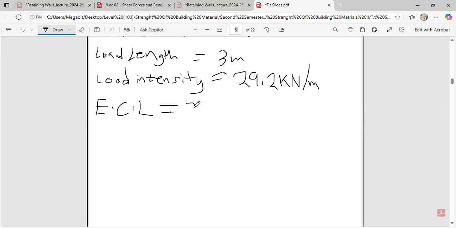So we said that multiplication is commutative. So whether front to back or back to front, you must still get the same answer. So it's going to be 3 times 29.2. Please, 3 times 29.2. What are you getting?